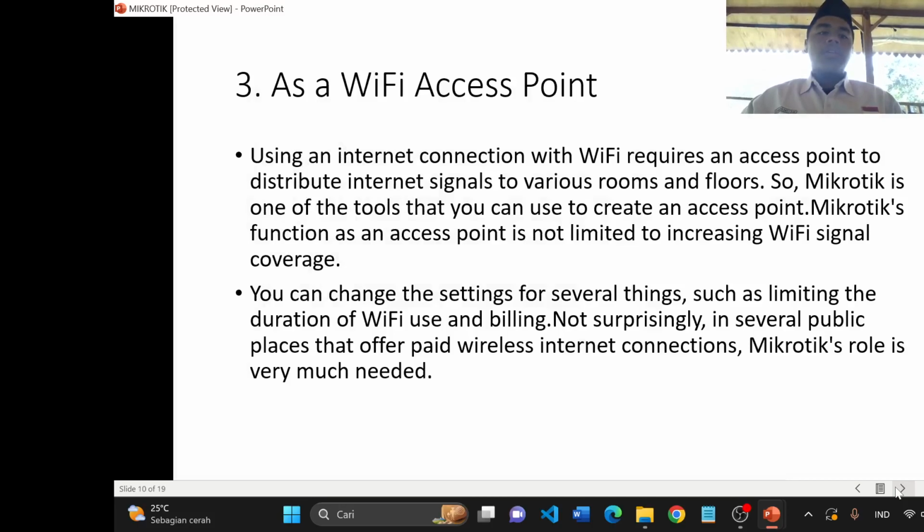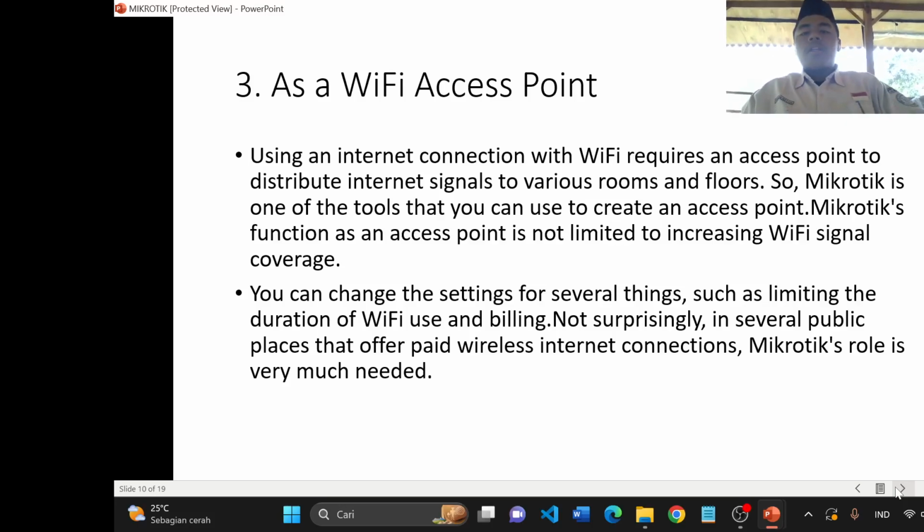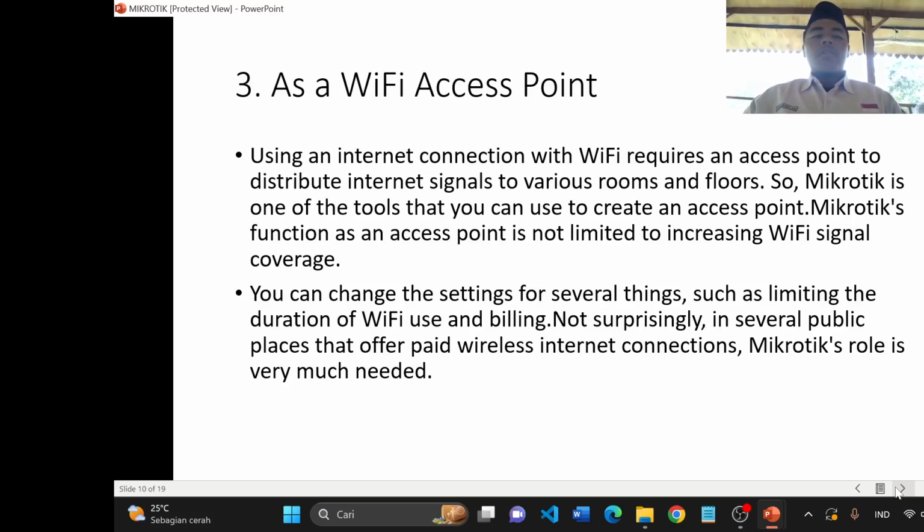3. As a Wi-Fi access point. Using an internet connection with Wi-Fi requires an access point to distribute internet signal to various rooms and floors. So, Mikrotik is one of the tools that you can use to create an access point. Mikrotik's function as an access point is not limited to increasing Wi-Fi signal coverage.